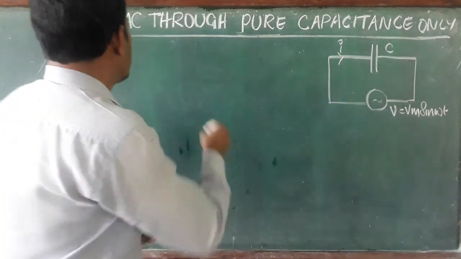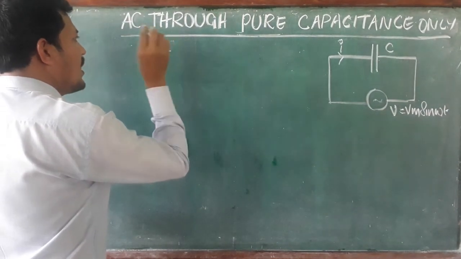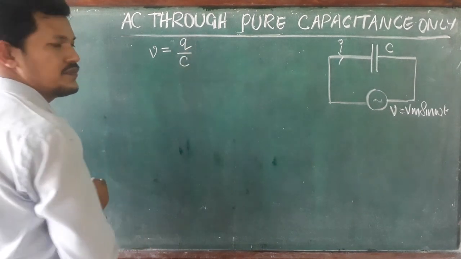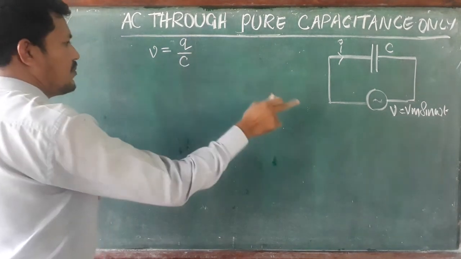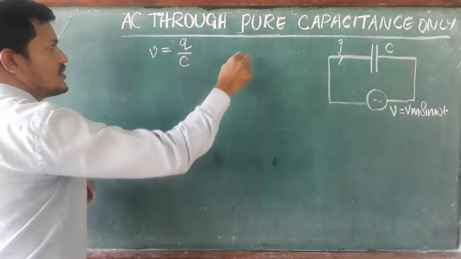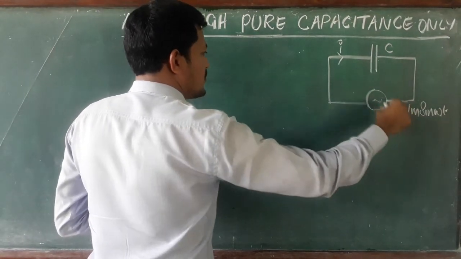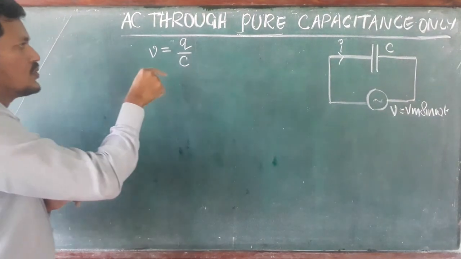The relation is: voltage V equals how much charge it has divided by its capacitance value. Here V means our applied voltage, because it is a pure capacitor. How much voltage we apply, that much charge it stores.